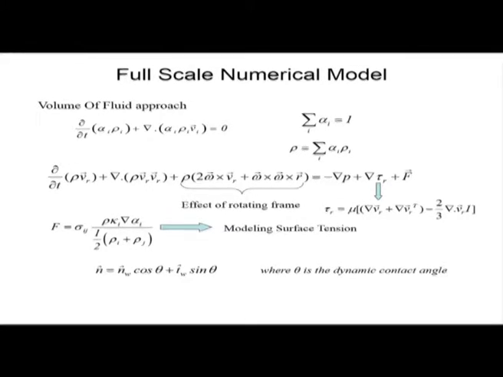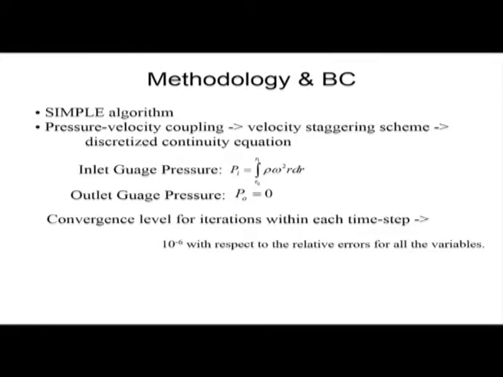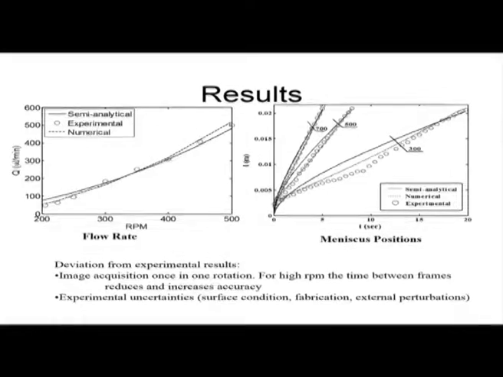Of course it is not a CFD course, so it is beyond my scope to discuss this, but just to tell you how we validated it. The boundary conditions which we used were the inlet gauge pressure as this, and the outlet gauge pressure as 0, that is basically the ambient.